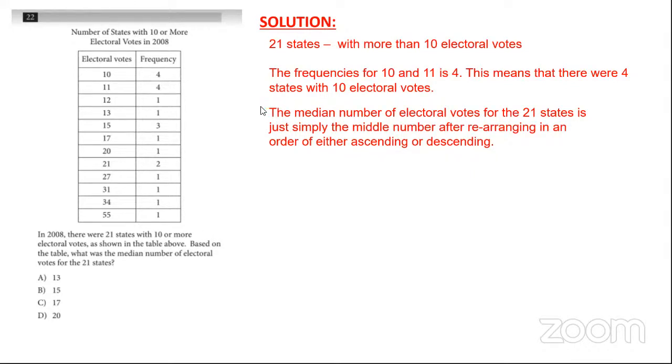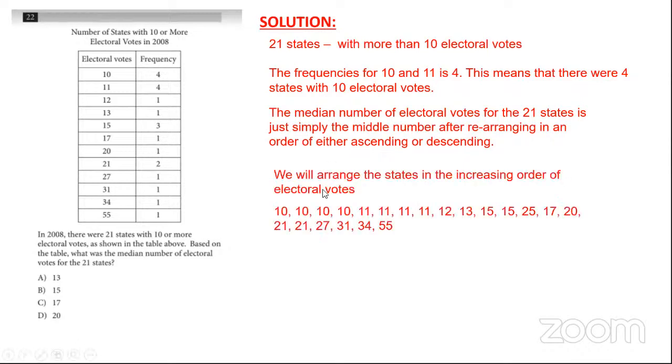So what we need to find is the median of these electoral votes for the 21 states. Basically, it is just writing these states according to their increasing number of electoral votes and finding the middle number. Basically, write it in order.